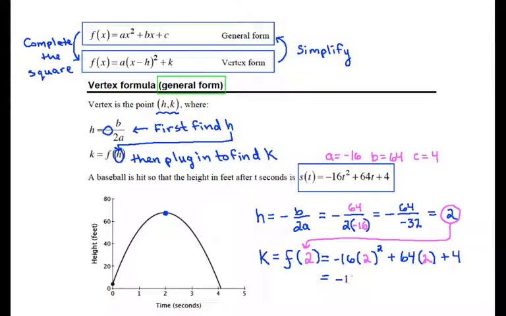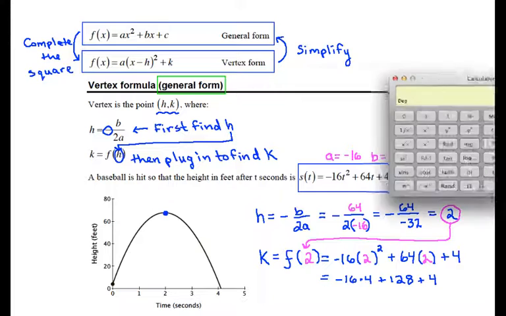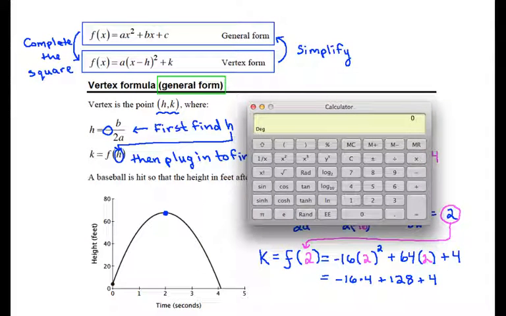That's going to be negative 16 times 4 plus 128 plus 4. Negative 16 times 4 is negative 64. I can go ahead and bring in the calculator at this point. That's going to be negative 16 times 4 plus 128 plus 4 gets me 68.